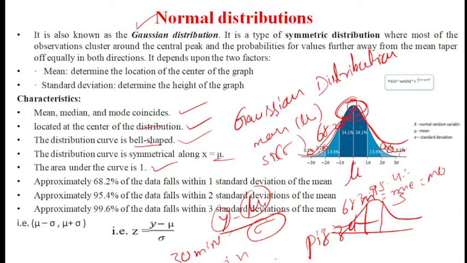Using the empirical rule, we can determine that 68% of the delivery times are between 25 to 35 minutes, 95% are between 20 to 40 minutes, and 99% should be between 15 to 45 minutes.